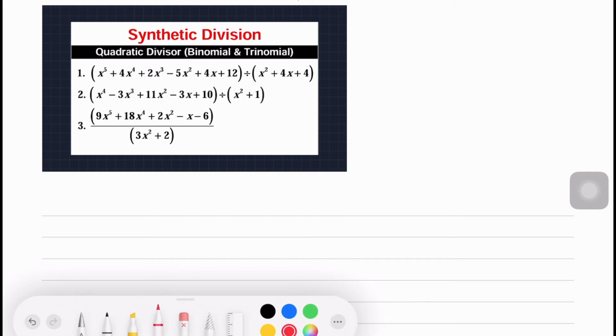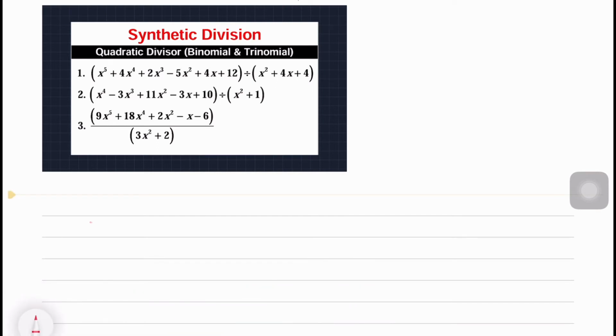Kunin muna natin ulit ang coefficients ng dividend. 1 for x raised to 4, negative 3 for x cubed, 11 for x squared, negative 3 for x, and 10 the constant term. Now, the numbers that should be written on the corner are the second term and the last term of the divisor.